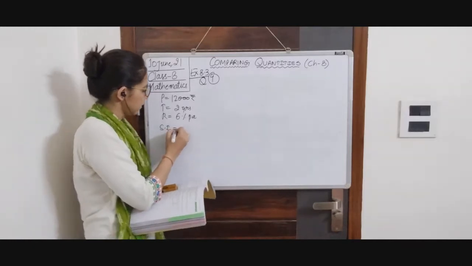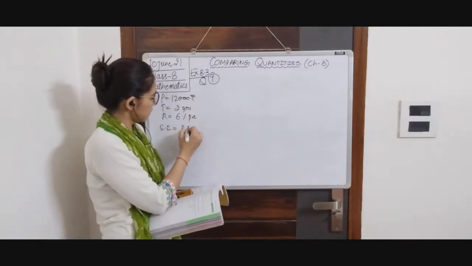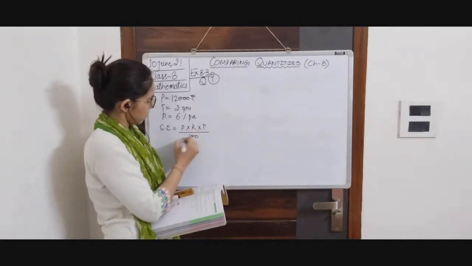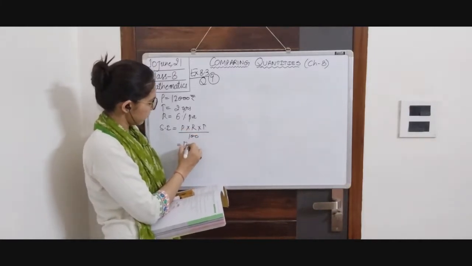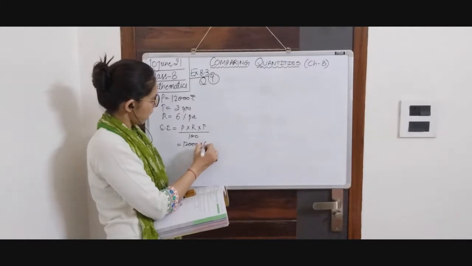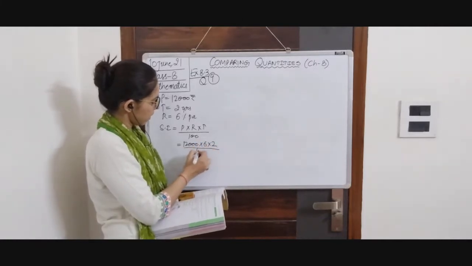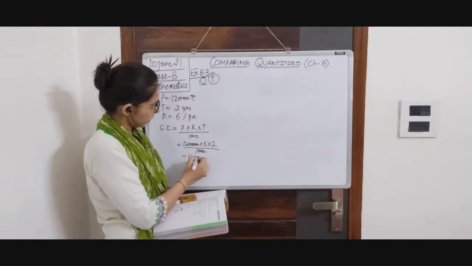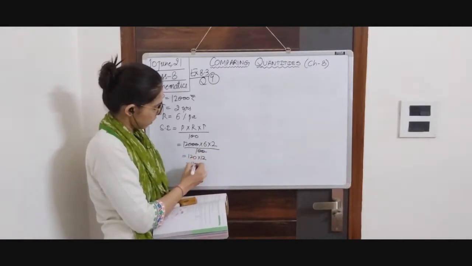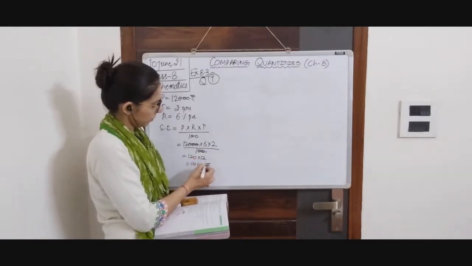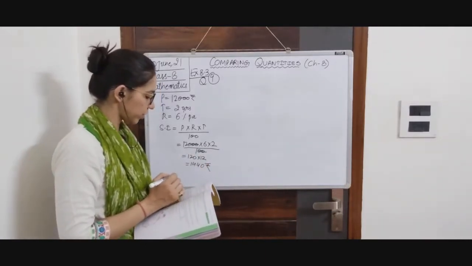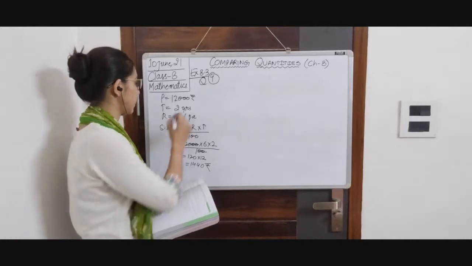It means simple interest for this amount will be 12,000 into R into T divided by 100. It will be 120 into 12, that is 1440 rupees.